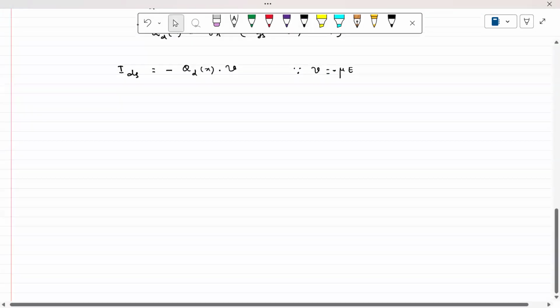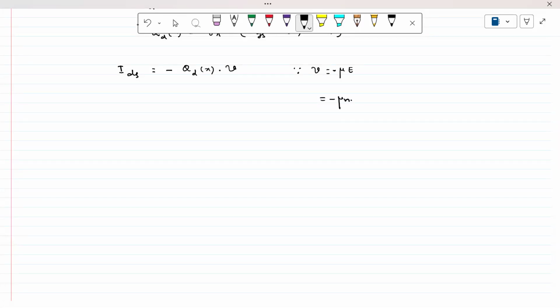What is the mu here? Electron mobility, right? Therefore it is called mu n. What about E? E stands for electric field. Which electric field are we talking about? The carriers are moving within the channel because we are applying the potential difference between the drain and source.